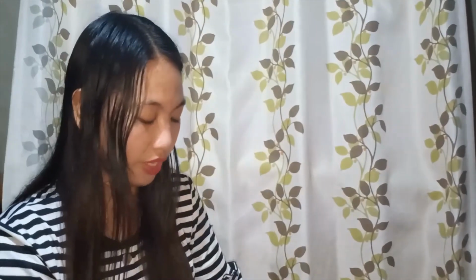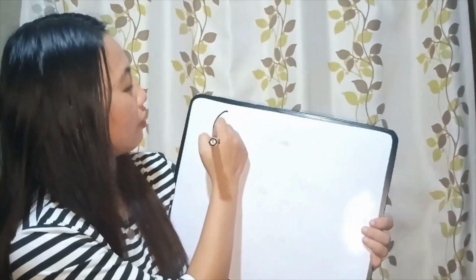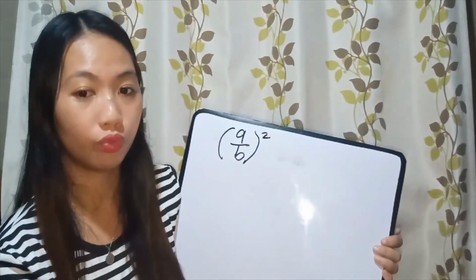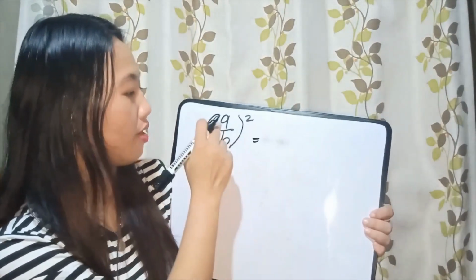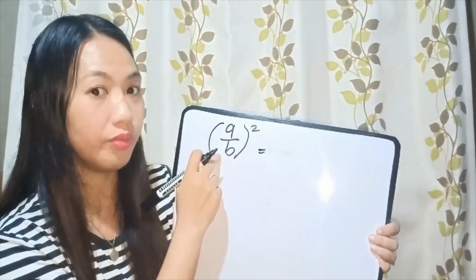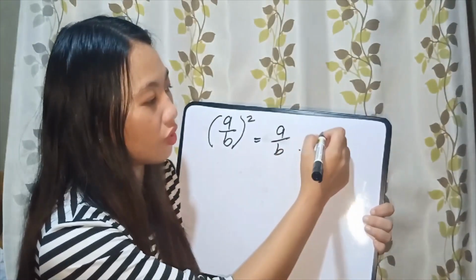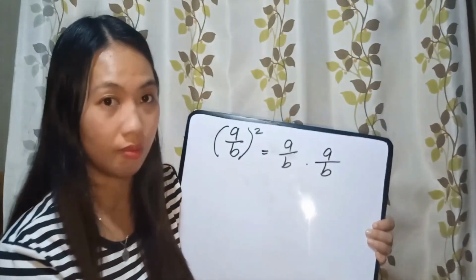Second, for the division, the same process, the same method, but in division form. Okay, so we have a over b raised to 2. So we're going to multiply a over b 2 times. So a over b times a over b.